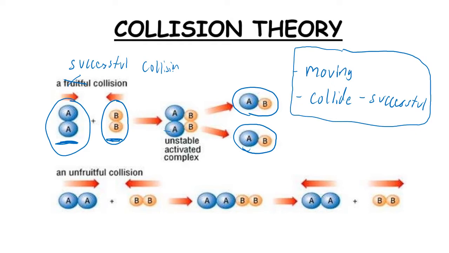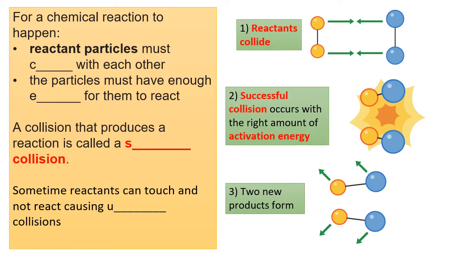Okay, I'm hoping you've done that by now. For a chemical reaction to happen, reactant particles must collide with each other, and the particles must have enough energy when they collide.